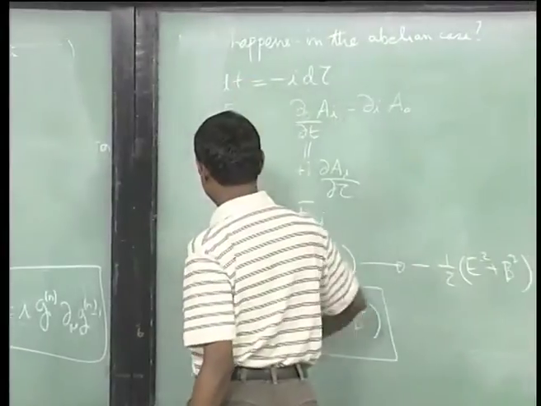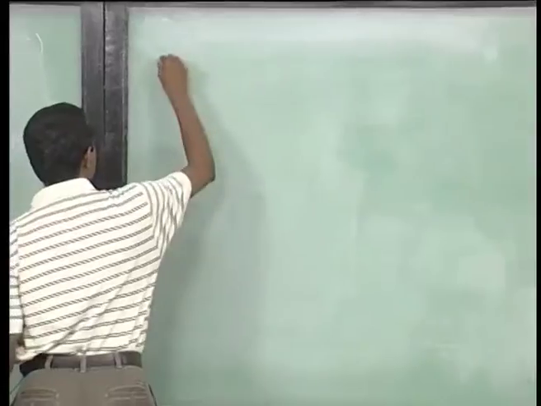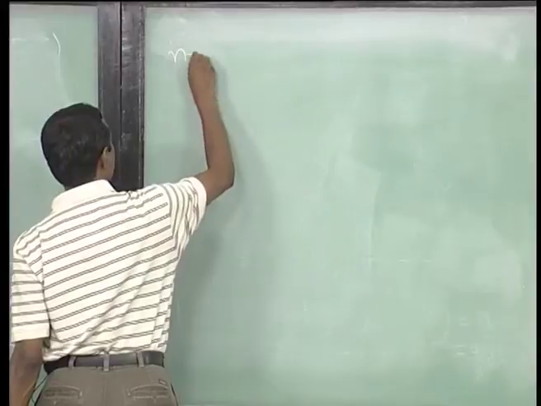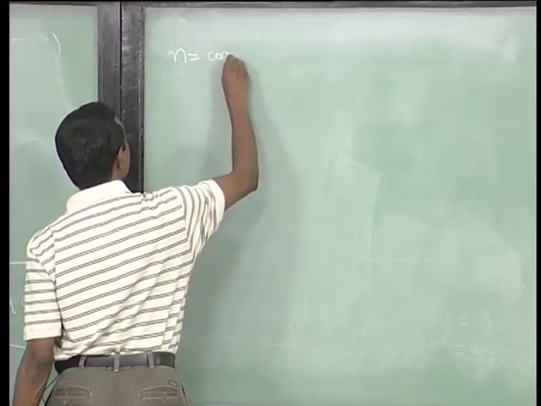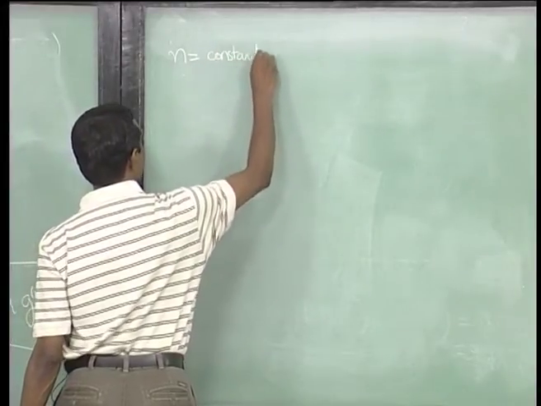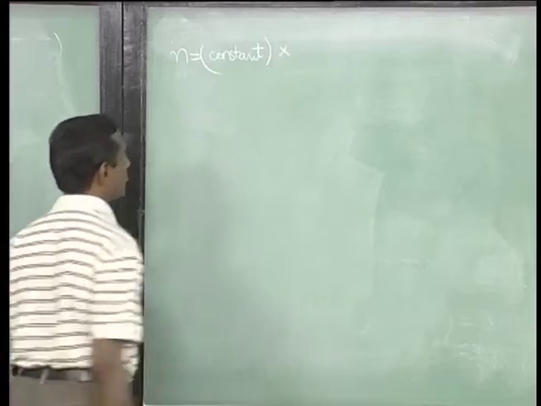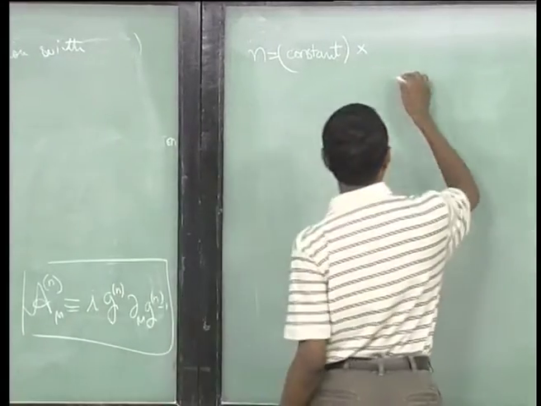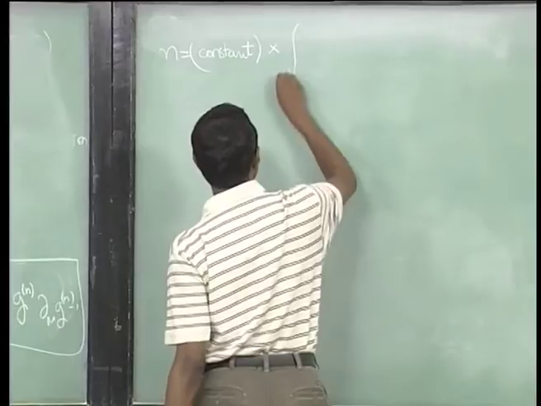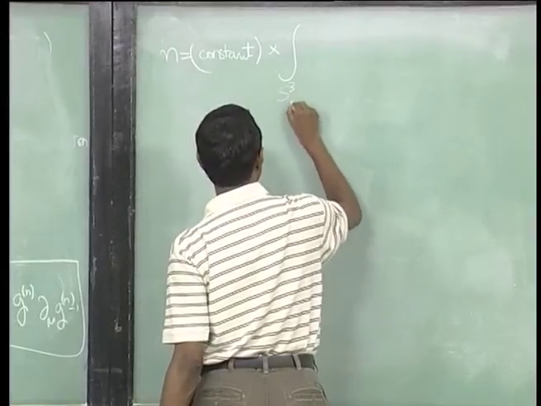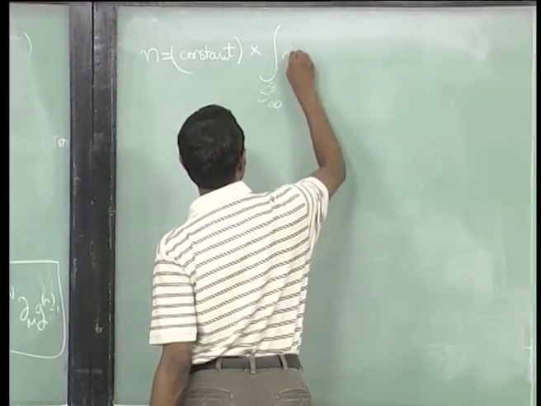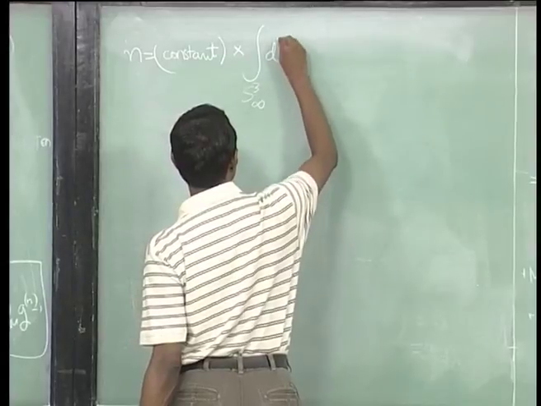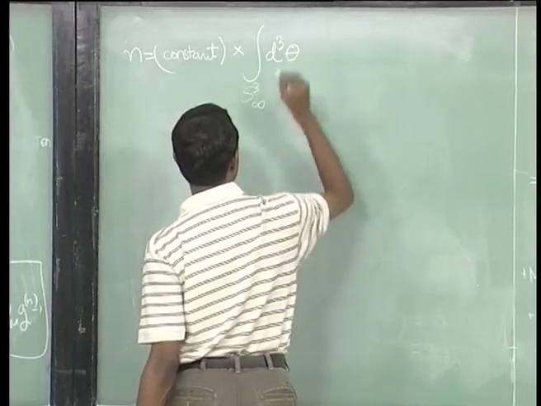So let us see what this winding number would be. So this n will be some constant which we will determine in a moment times the following object, which is an integral over the 3 sphere at infinity. Choose some coordinates, so I will just call it some angles.